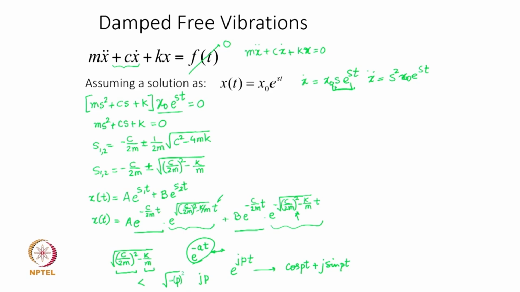So, effectively if you club the two exponential terms, it becomes a e to the power minus a t, and that a is a constant, which is basically a combination of the exponents of the two exponential terms. And so effectively it becomes e to the power minus some constant times t, and then it becomes an exponentially decaying term.